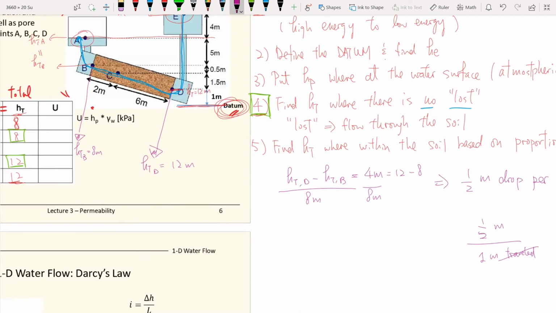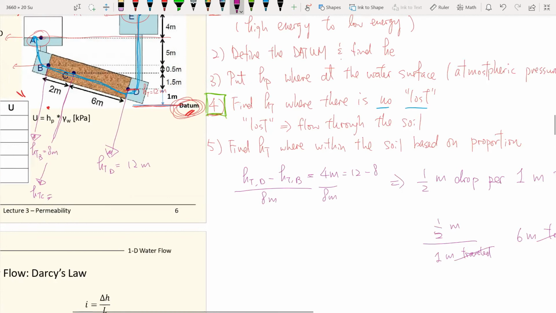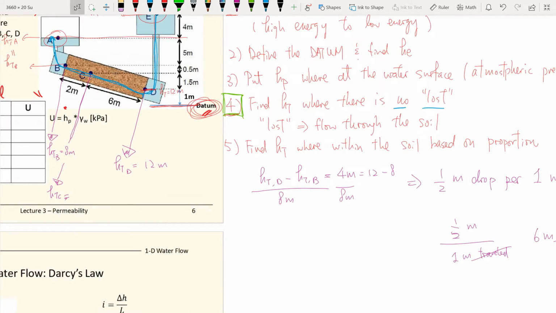So at point D, we were at 12 meters. And now, based on the proportions, we know that at point C it dropped 3 meters according to our calculations here. So 12 meters dropping 3 meters, which means at point C now we have 9 meters.